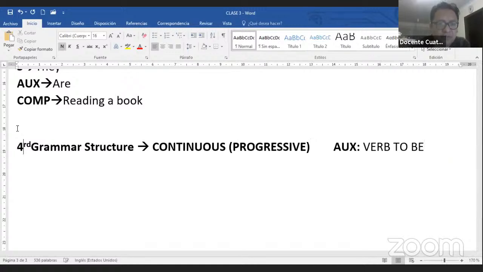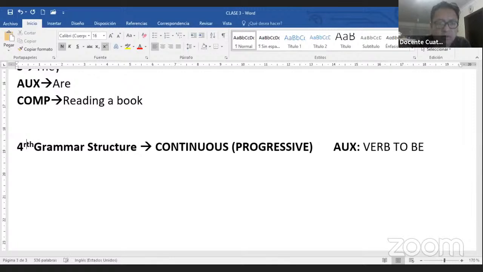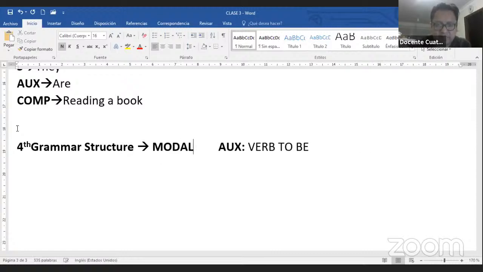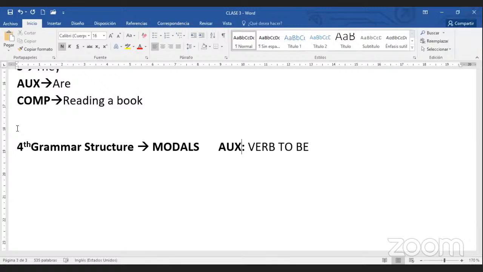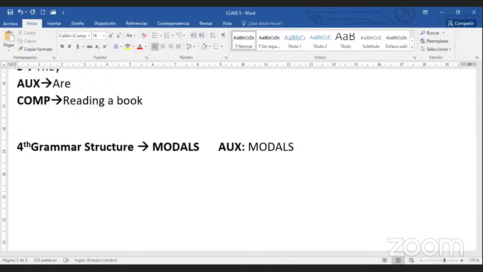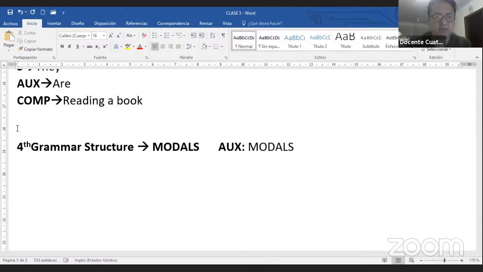The fourth grammar structure is the modals, and the auxiliaries are the modals. So which are the modals? Maybe you know them.